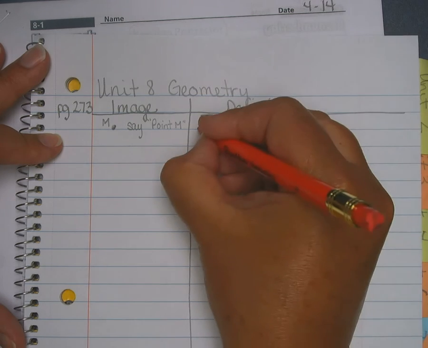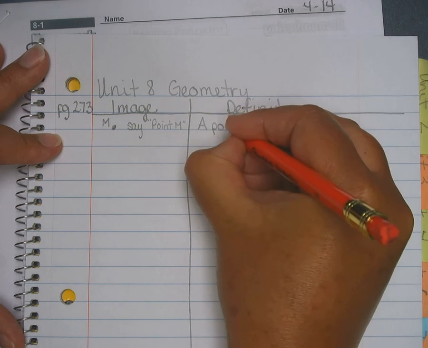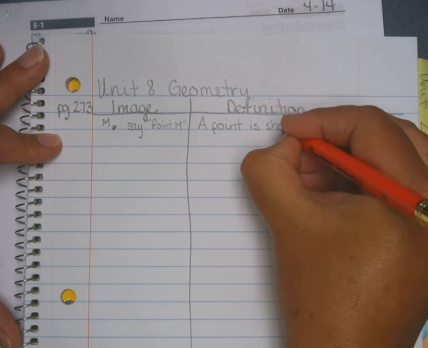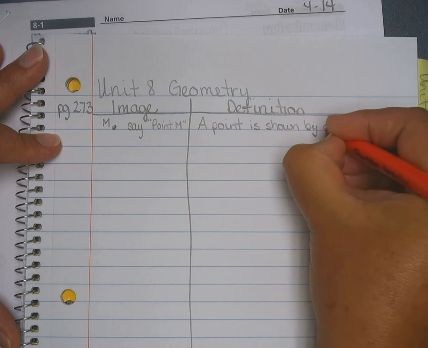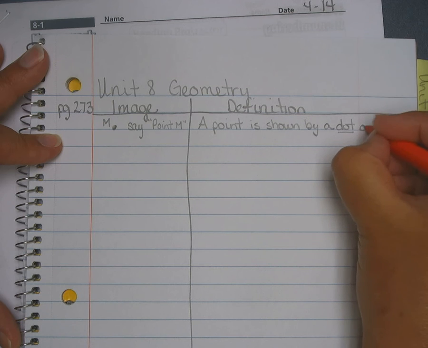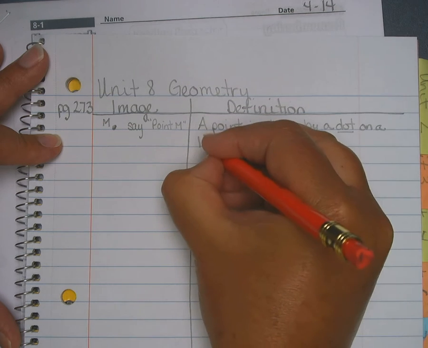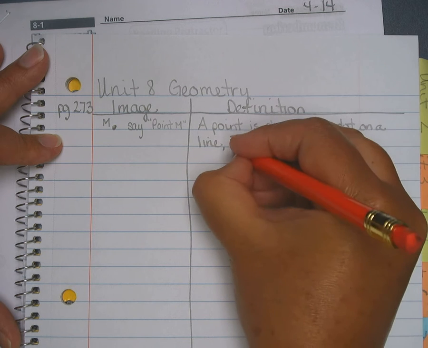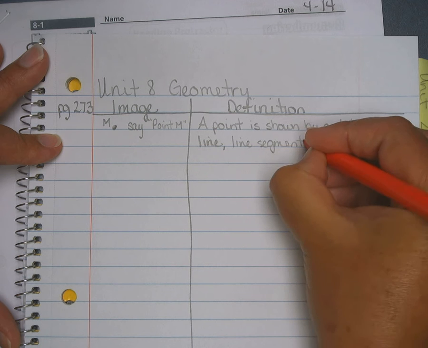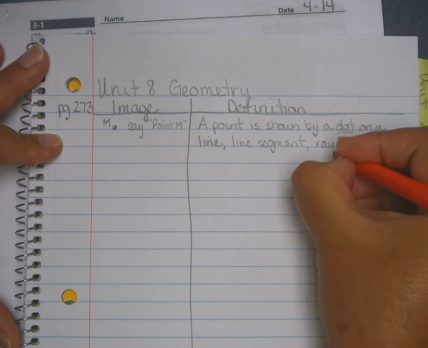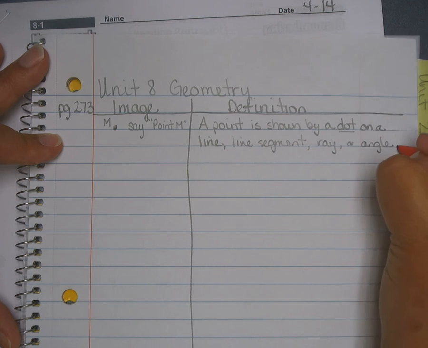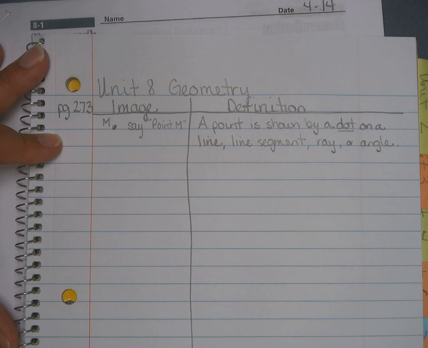By definition, a point is shown by a dot, a simple little dot, on a line segment, which we'll define in a second here, ray or angle. We use points actually to give lines, line segments, rays, angles.